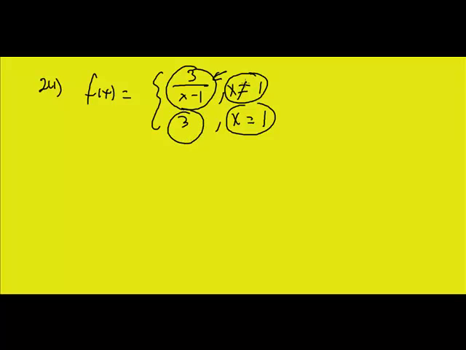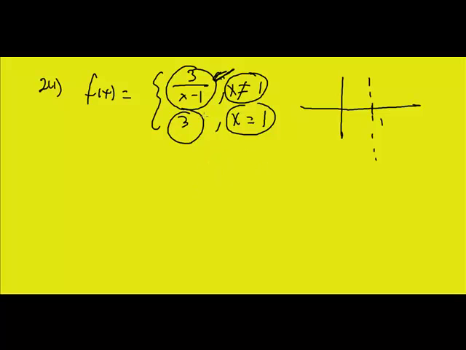So let's take a look at the graph of this. This is really a vertical asymptote at 1. So what happens to this function when I approach from the left and right?